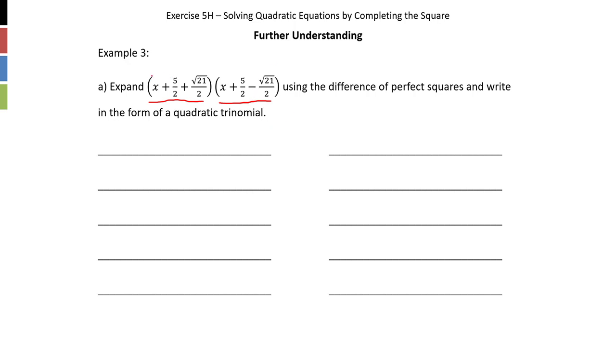In this case, we have x plus 5 on 2, then we add a term and subtract a term. So these were the solutions we'd get from a perfect square, and working backwards we can get to the original by expanding. So expanding, oh, it's going to be fun. This is going to take a lot of work.